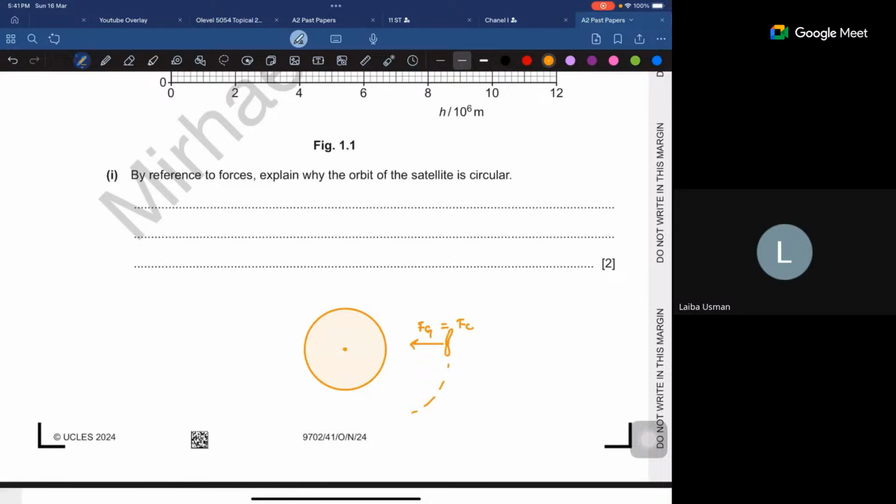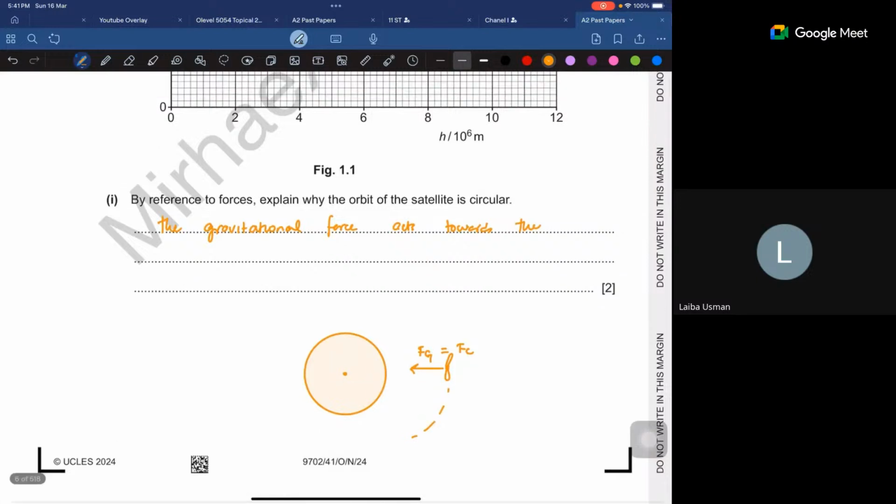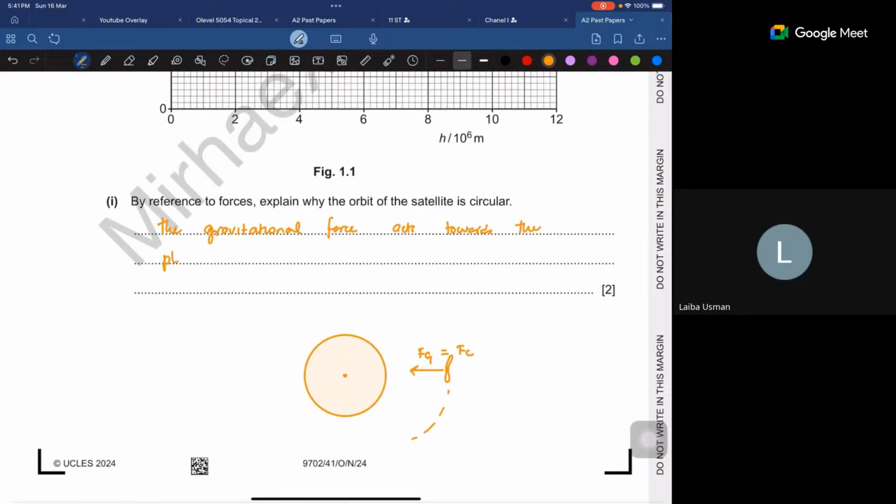So that's why I think you should write that the gravitational force acts towards the planet that provides centripetal force to move in a circular orbit.